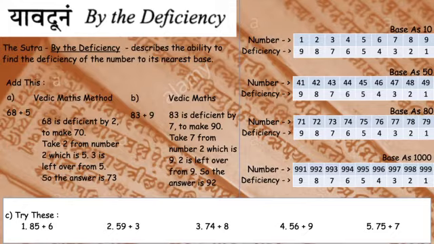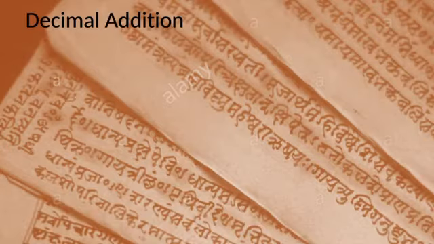So let's see now how we do decimal addition with the application of this sutra. Let's take this example, 4.54 plus 3.26. We see that 4 and 3 makes 7. Keep it in your mind. Then let's move on to the decimal part.